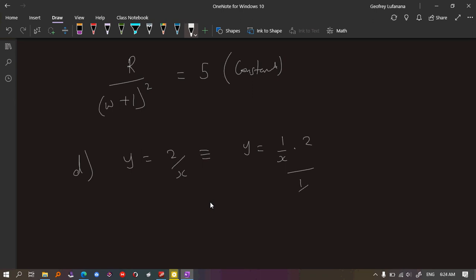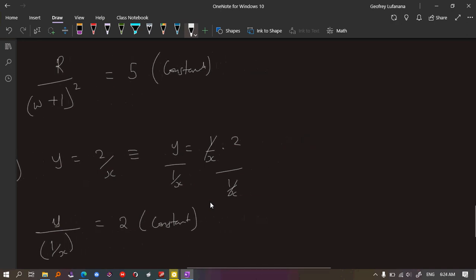So divide by 1 over x on both sides. This means that y divided by 1 over x equals 2, because those cancel out, and 2 is a constant. This means that y is directly proportional to 1 over x. So that's how we do it. You're going to have some extra numbers to practice.